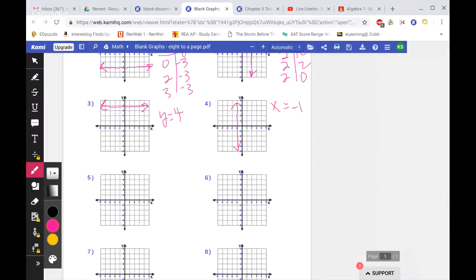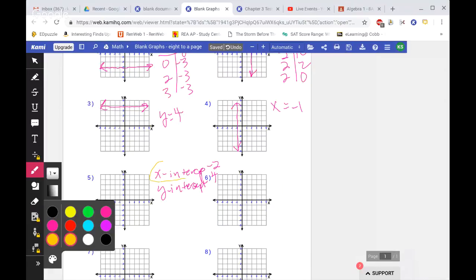If I said to you the x-intercept is -2 and the y-intercept is 4, what would you do? I would say graph the line. Where am I going to put this point right here?